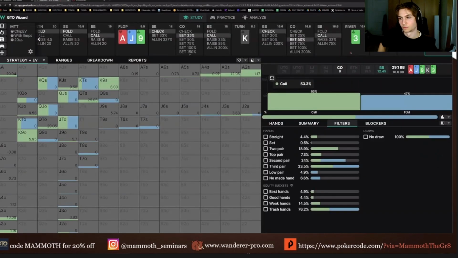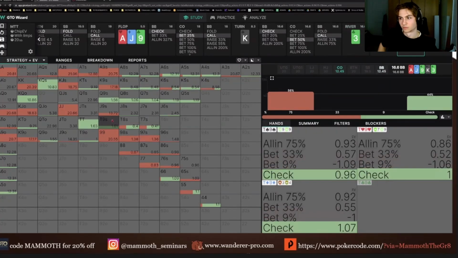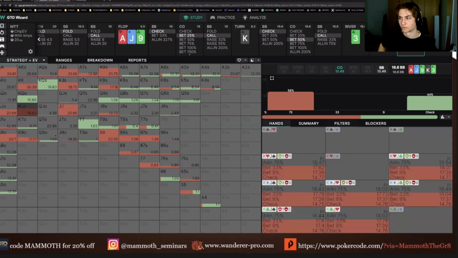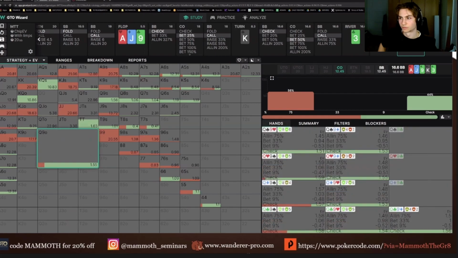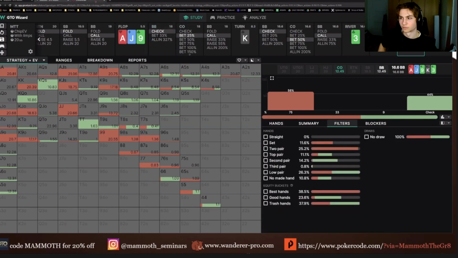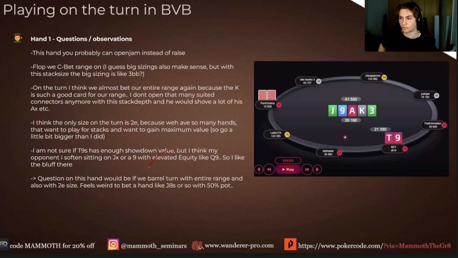But in equilibrium, when he does have these 10-8s, then 10-9 has a check EV of 1 big blind, so that's why it's not used. Queen 9 is used sometimes, even though checking is plus EV, so it's quite tough sometimes. Asking those questions on the river is something that can help.